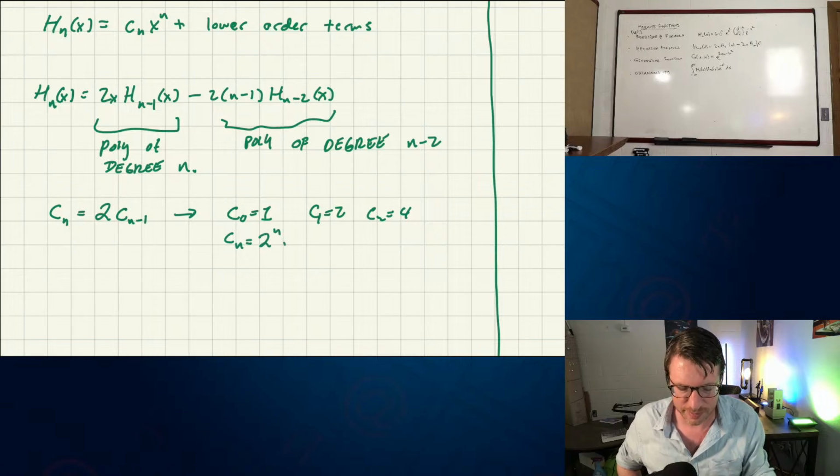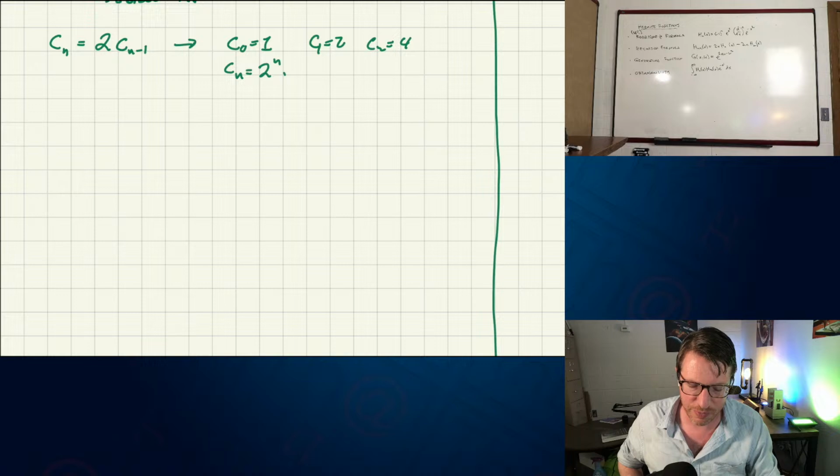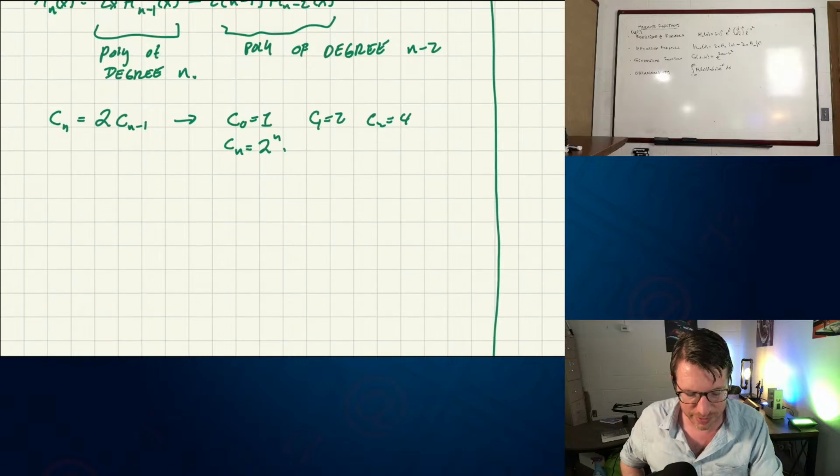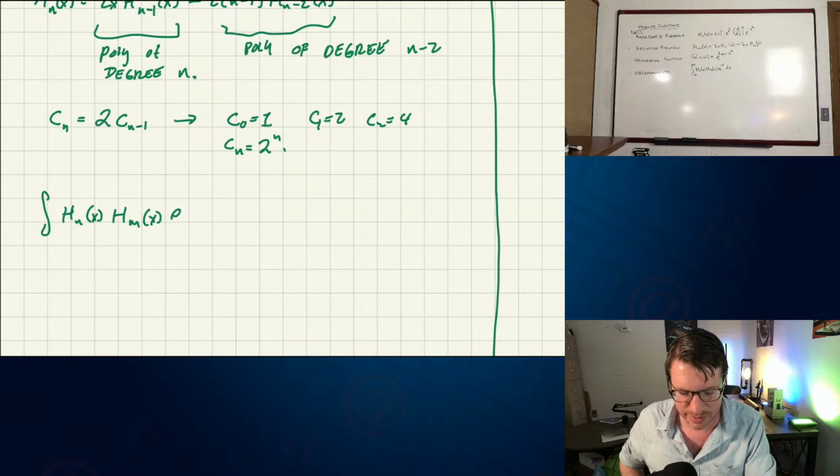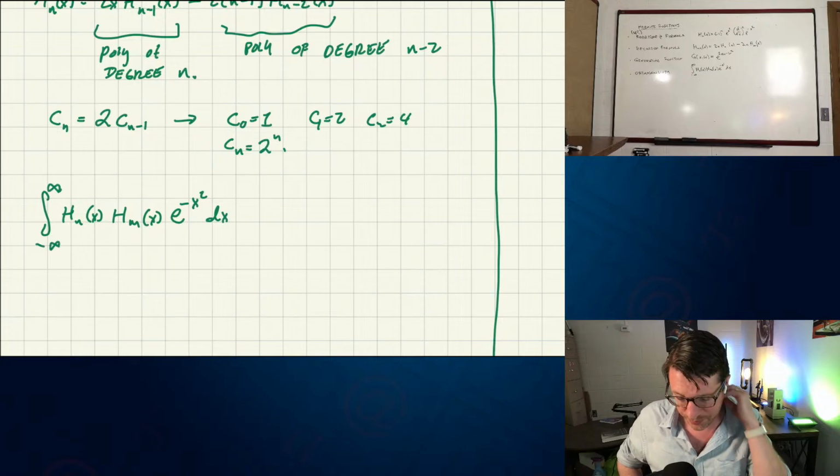All right, so if we take a look at the orthogonality relationship, we want to look at Hn of x compared to Hm of x times e to the minus x squared dx, integrating from minus infinity to infinity.